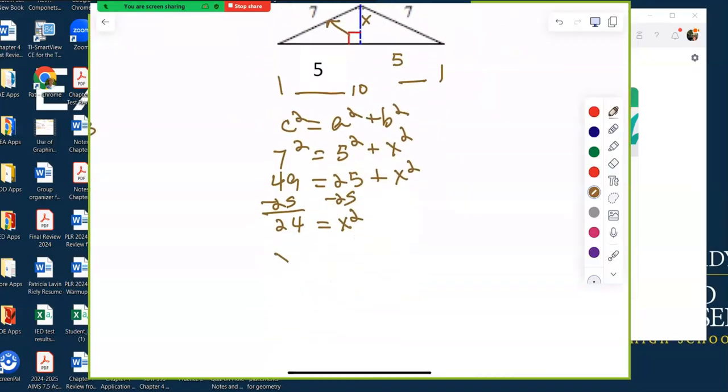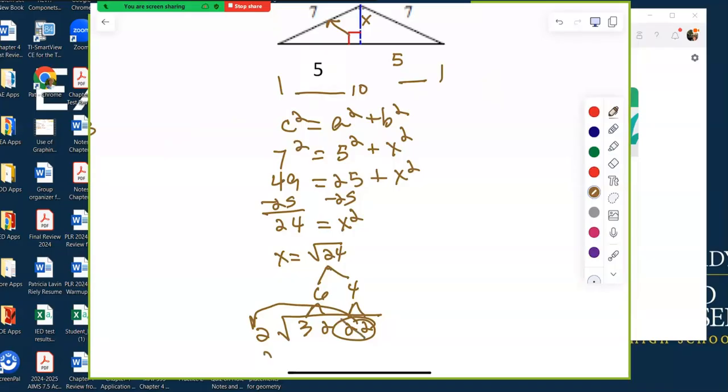So x equals radical 24. We can break this up into 6 times 4, which is 3 times 2, which is 2 times 2. Put them all into the radical. Get your pairs. Whatever comes out is not in. That's going to be 2 radical 3 times 2 is 6. So x equals 2 radical 6.